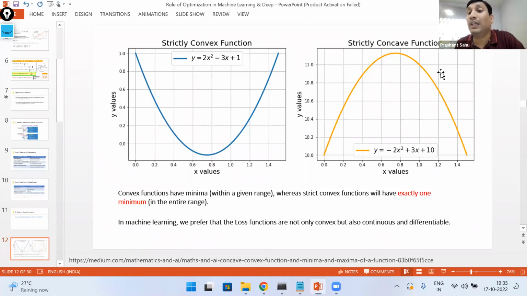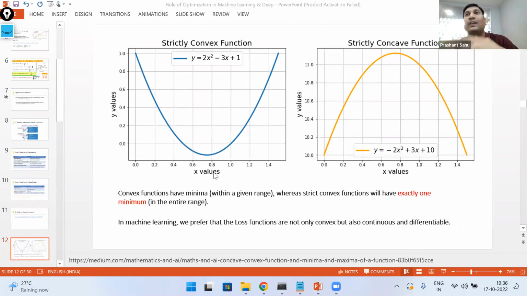So what about non-continuous functions? Those non-continuous functions cannot even be discussed because they are completely illogical. I don't want my model to be built in a way that it is applicable only in certain scenarios. So what is the point in making a model which is only applicable in certain scenarios? Because the model can be built only where your loss function is continuous.